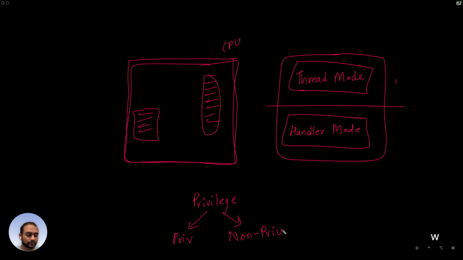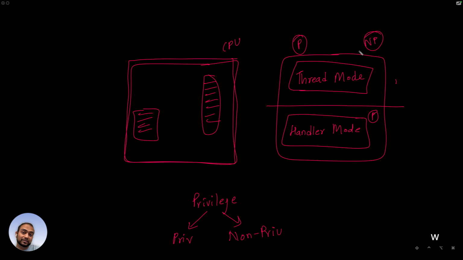This makes sense because you don't want the application code to go change the configuration of the CPU, right? You wouldn't want to allow that. Now, the handler mode is always privileged. In handler mode, you can reach out to any part of the CPU configuration registers. In thread mode, you can be privileged or non-privileged.